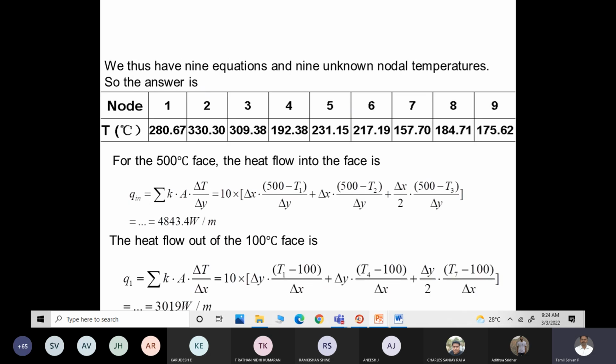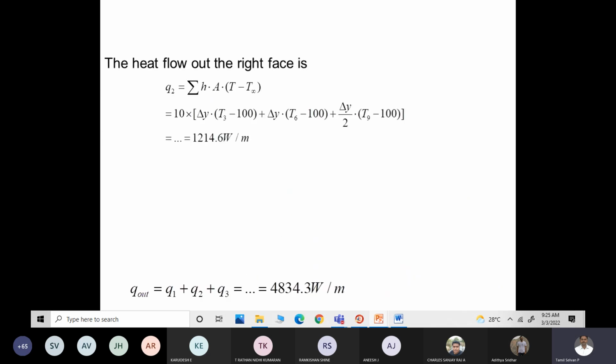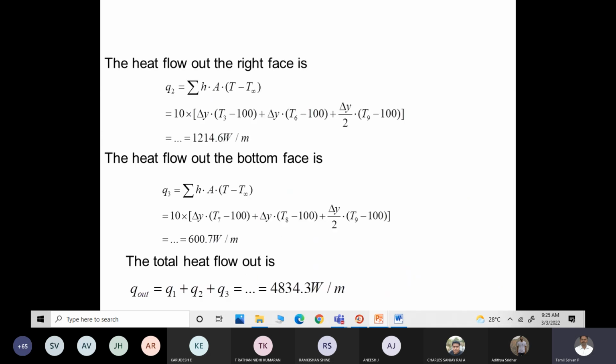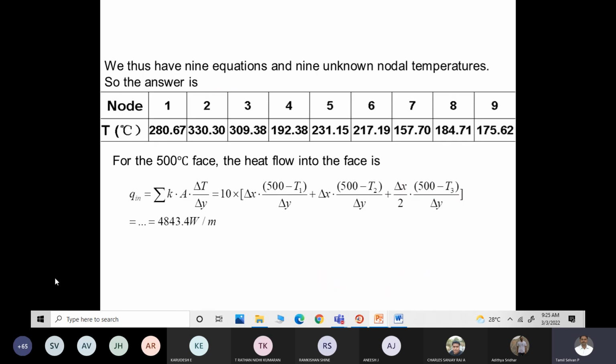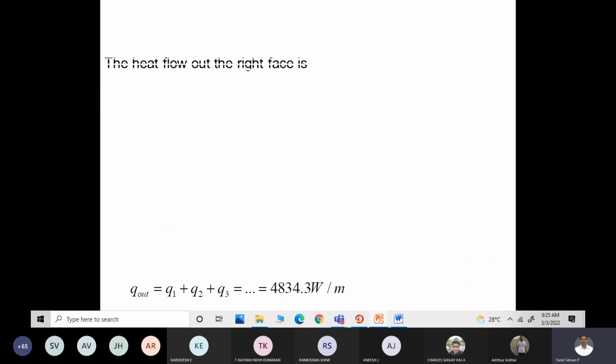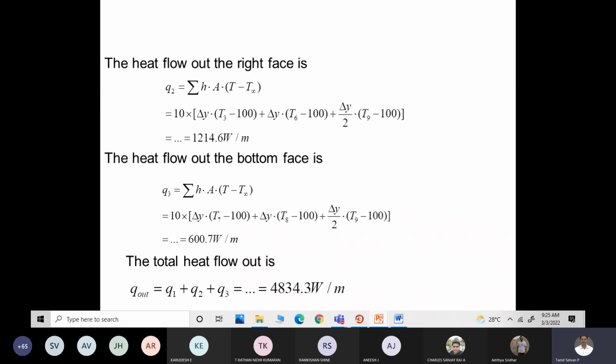Okay, so the heat flow at the 100 degrees C phase, the heat flow at the right phase, and the heat flow at the bottom phase. So q out, which is equal to q1 plus q2 plus q3. When you add all these three, it should be equal to the energy balance, qn equal to q out, 4843.4 watt per meter. That should be equivalent to q1 plus q2 plus q3. Is it fine?